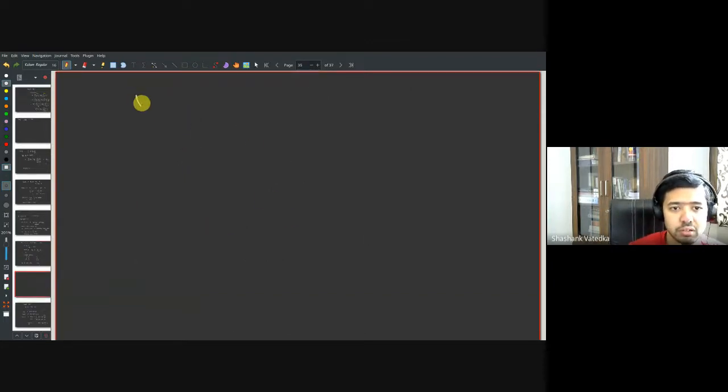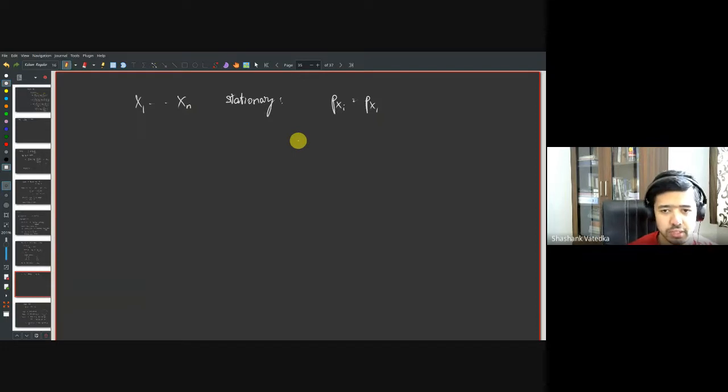Let me write it here. X1 through Xn is stationary if the marginals are all the same, and you take any subset of random variables and shift the indices, then the PMF again remains the same.